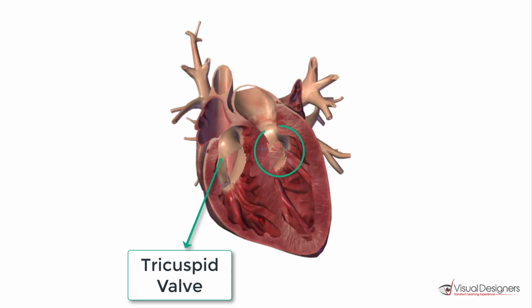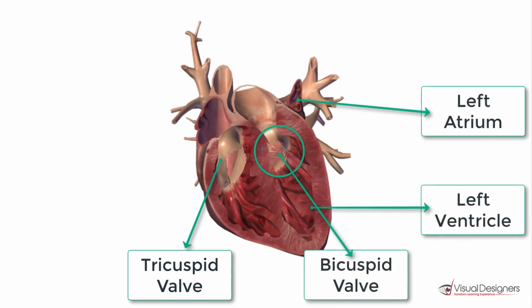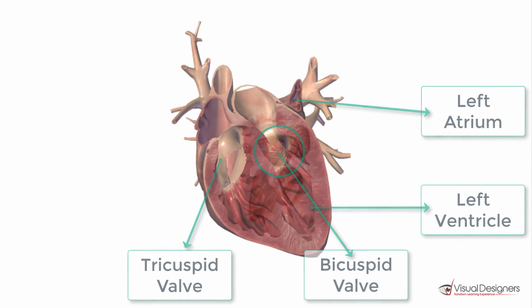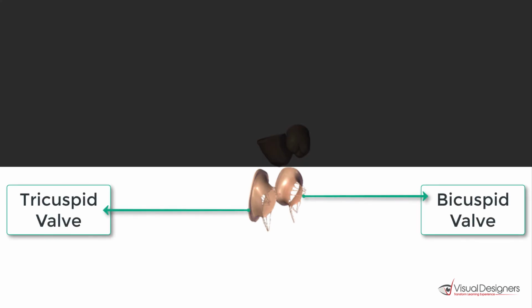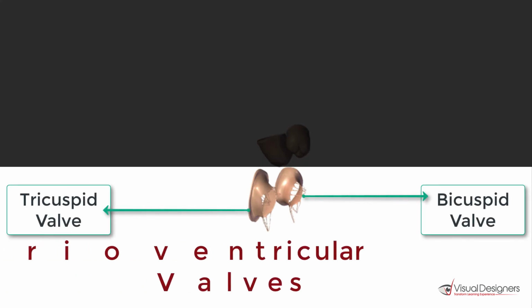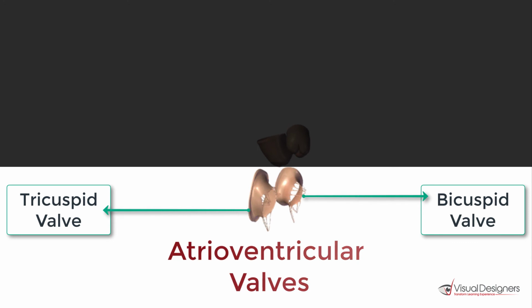Similarly, this is the bicuspid valve. It lies between the left atrium and left ventricle. As they connect the atrium to their respective ventricles, they are called the atrioventricular valves.